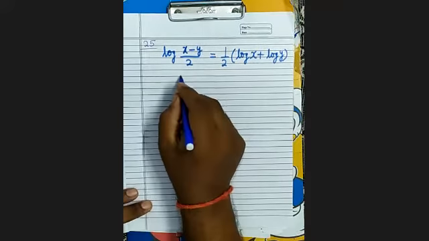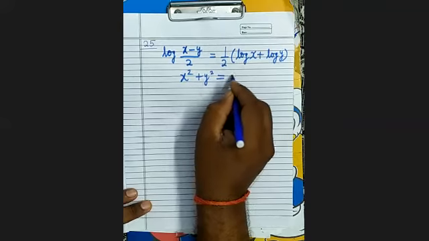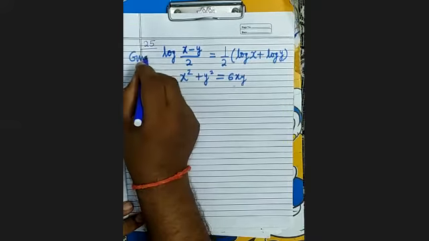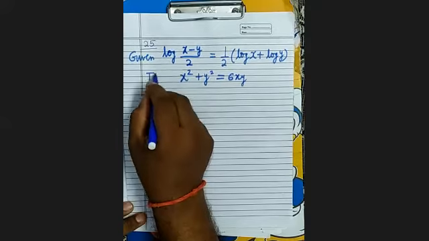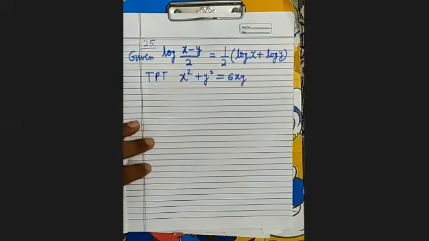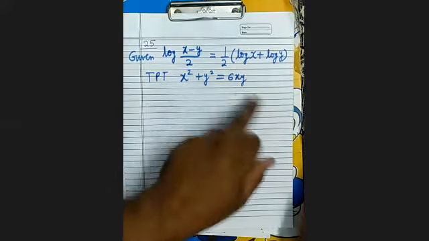And you have to prove x square plus y square equals 6xy. This is given and this you have to prove. It's clear?